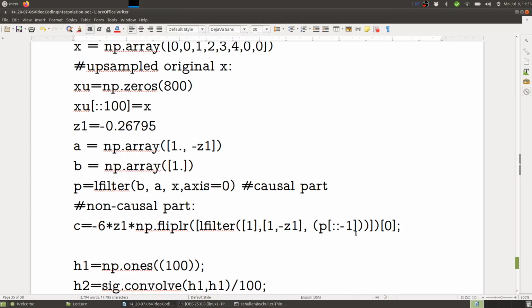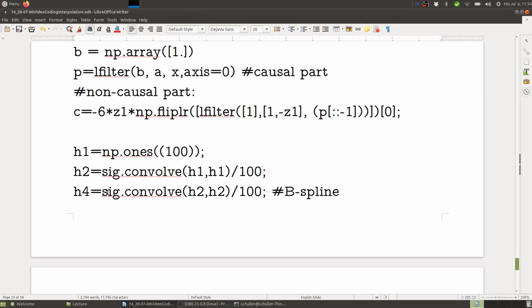So here the input is flipped. We get an output, and here we flip the output back, right? And here we apply this constant to obtain C. So C is then our pre-processed image or sequence in this case. And here you can also see how you apply the non-causal filtering. Basically, you can apply a causal filter like lfilter and just flip the input sequence and flip the output sequence.